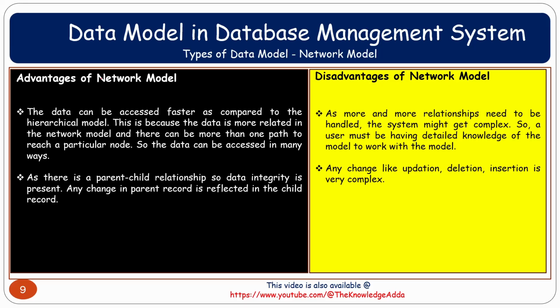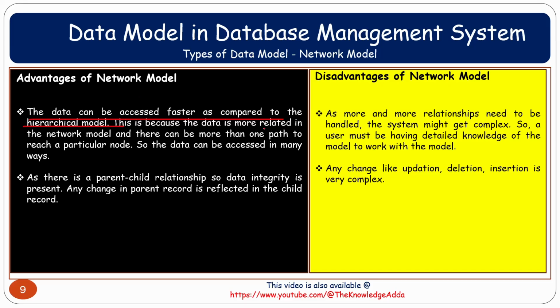When talking about the advantage of the network model, the data can be accessed faster as compared to the hierarchical model. The reason is that there are multiple paths possible in the network model. In hierarchical, there is a predefined path, but here there is no predefined path. So whatever shortest path is available, you can access data through that path.